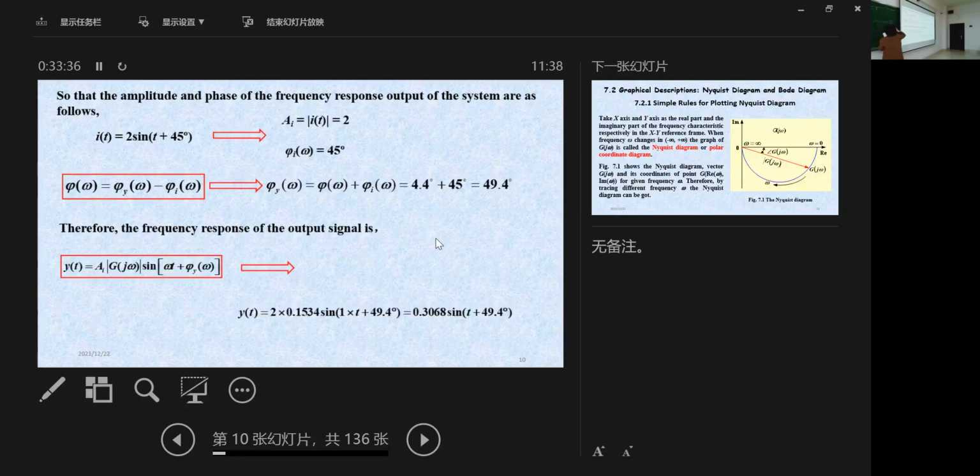Plus what? The voltage of Ui equals the voltage across R plus the voltage across L plus the voltage across C, right? And Uo is what?